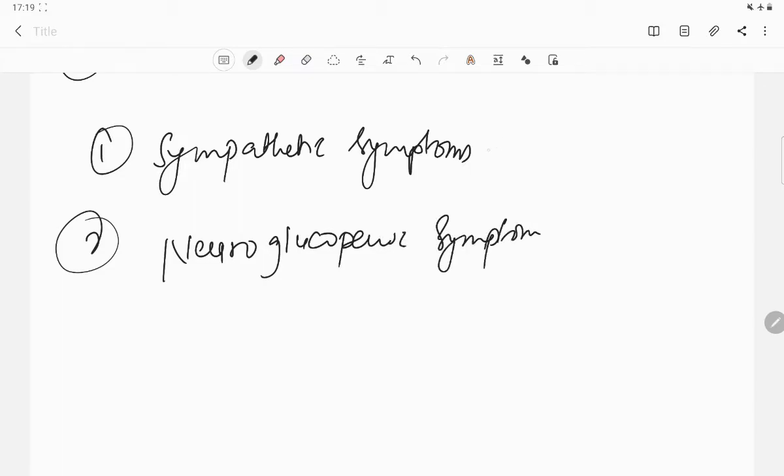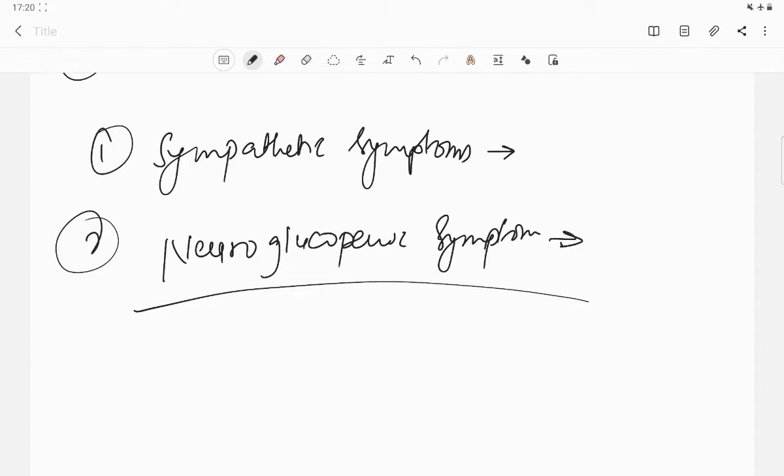The sympathetic symptoms are due to stimulation of the sympathetic system from increased epinephrine and norepinephrine, whereas the neuroglucopenic symptoms are due to deficiency of glucose, which is the main nutrient, the main food for our brain cells.